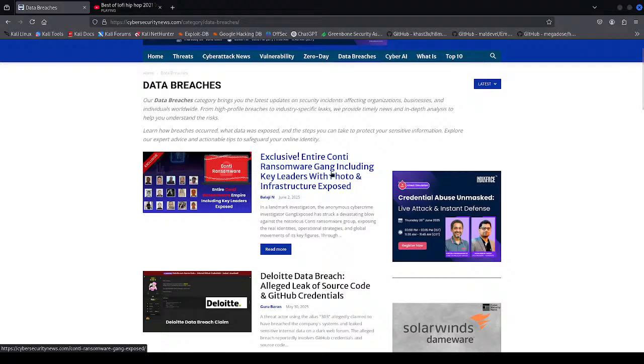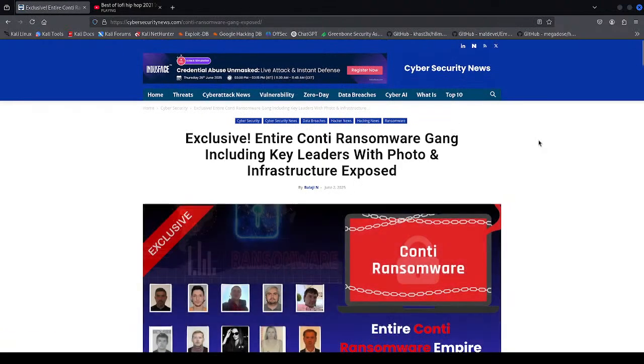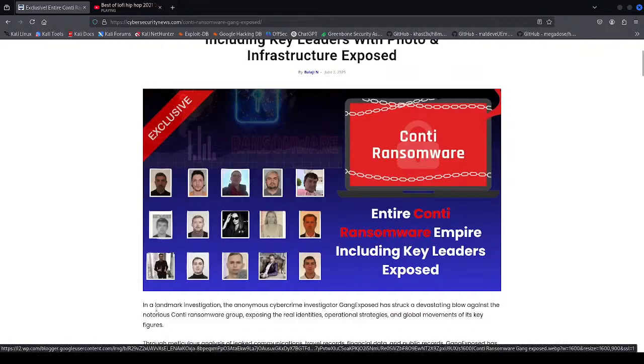Exclusive: entire Conti ransomware gang, including key leaders, with photos and infrastructure, is exposed. Let's see. Hopefully this doesn't require us to register to read it. This is interesting.